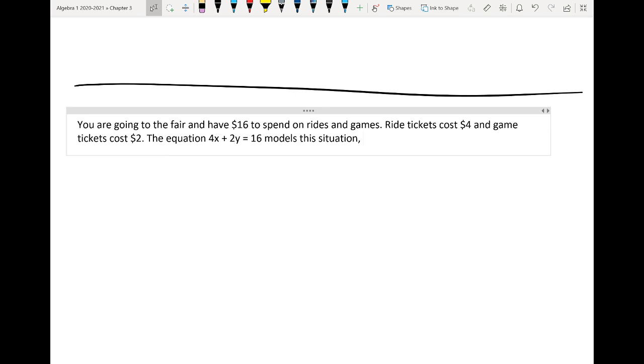The equation 4x plus 2y equals 16 models this situation, where x is the number of ride tickets you buy, and y is the number of game tickets that you buy. So this is one of those situations where we can see standard form being utilized.